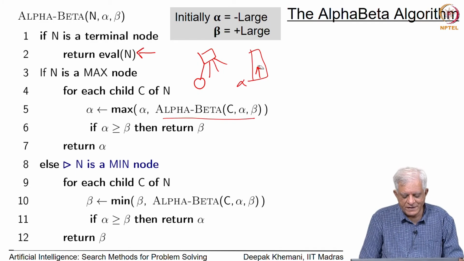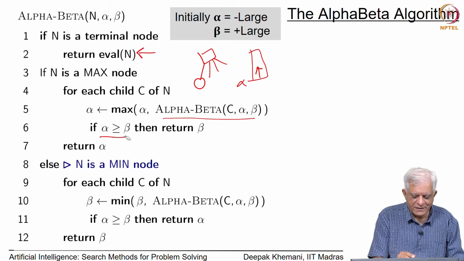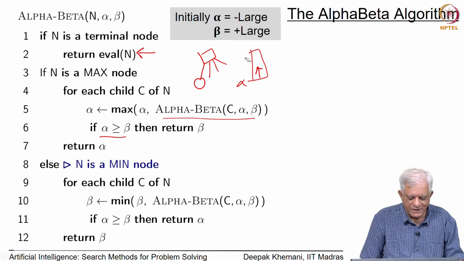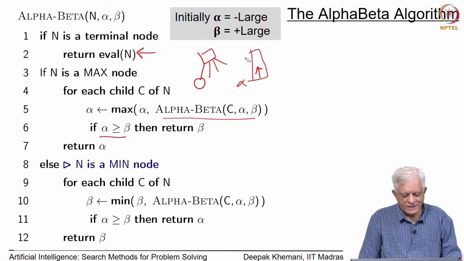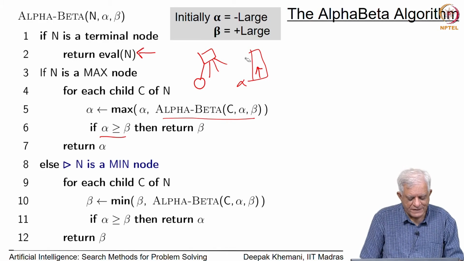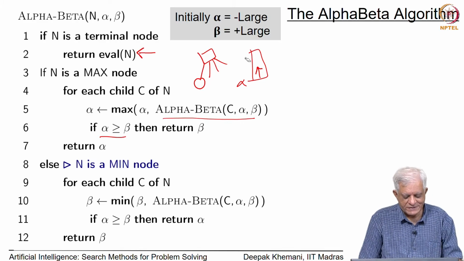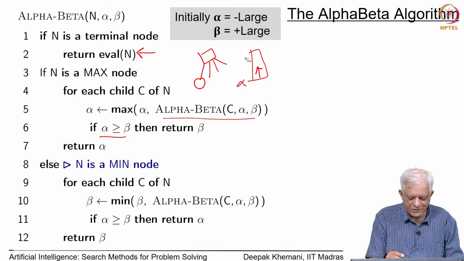If at any point alpha becomes greater than beta, which means this window is closing, then we simply return saying that we can't give you a better value, just take the value beta that you sent to us as a bound essentially. So, that is a beta cutoff which is happening, and it is happening below a max node essentially. So, this is a beta cutoff.